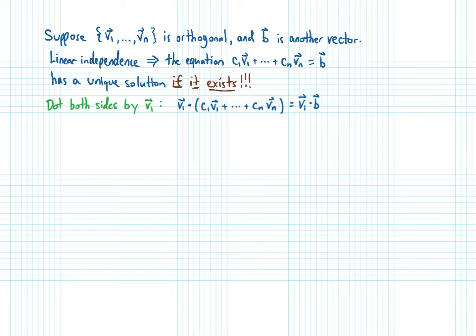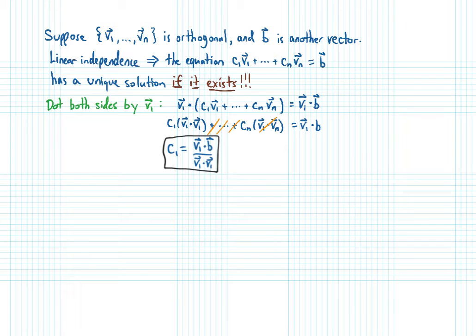And then again, the dot product can distribute and you can pull out the scalars. And then again, all of the terms except for the first term go to 0. And then I could rewrite v1 dot v1 as the length of v1 squared like I did in the proof before, but I'll just leave it like this. And what we want to do here is solve for c1. And so when you do that, you get that c1 is v1 dot b divided by v1 dot v1.